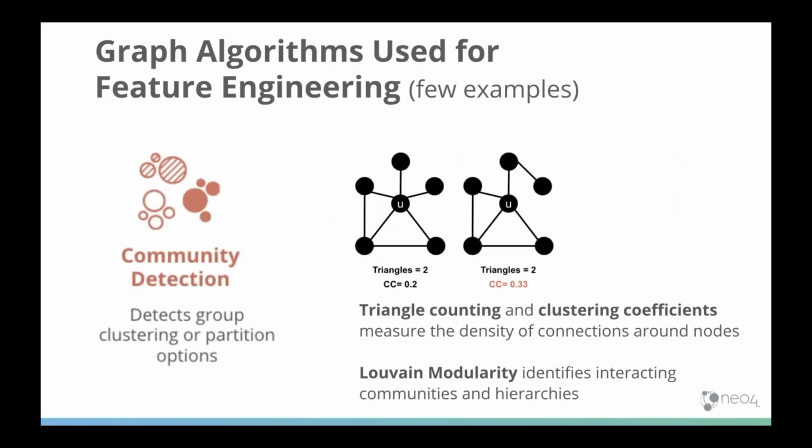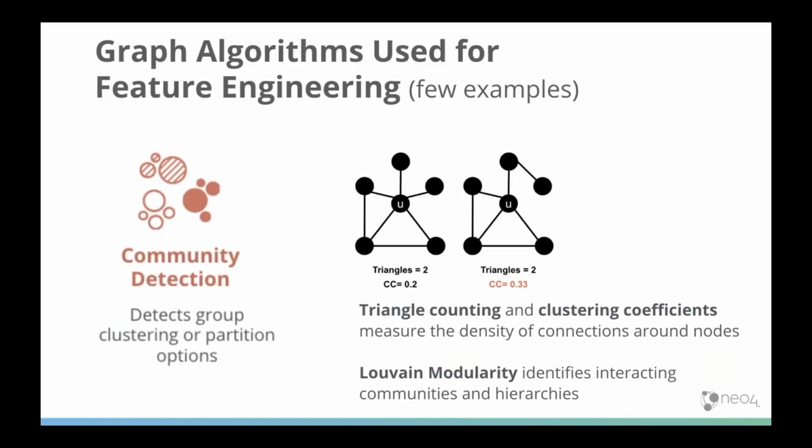We also looked at several community detection algorithms, community understanding algorithms. Triangle counting and clustering coefficients were really interesting to look at, and in general, those are pretty simple to run. In the graphic here, we're looking at triangles and the coefficient for the node U. How many triangles run through U?